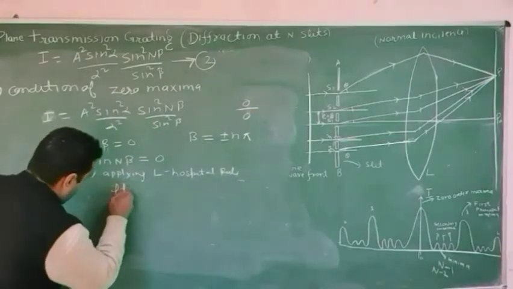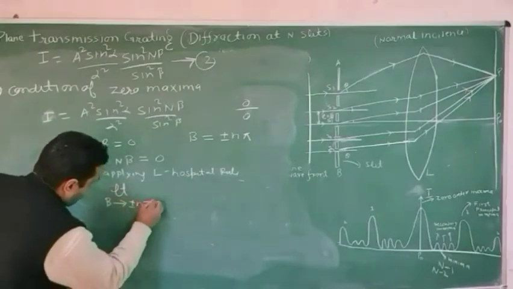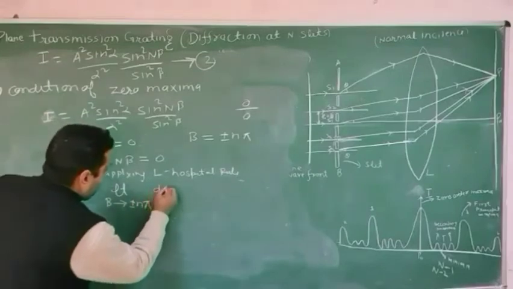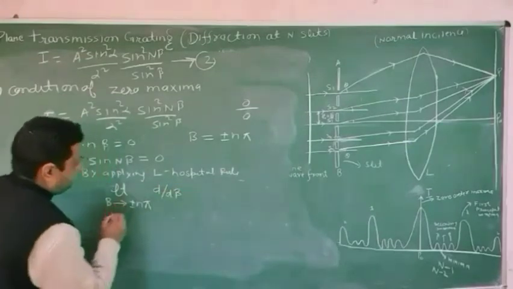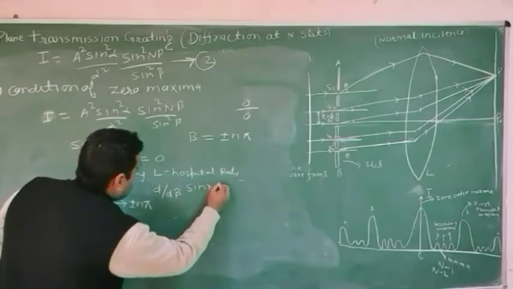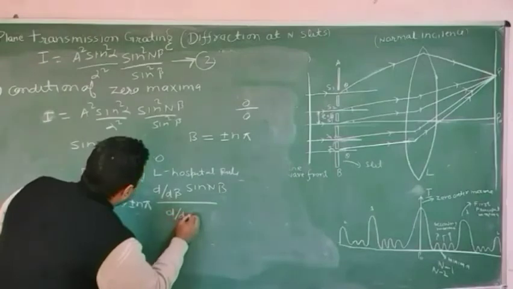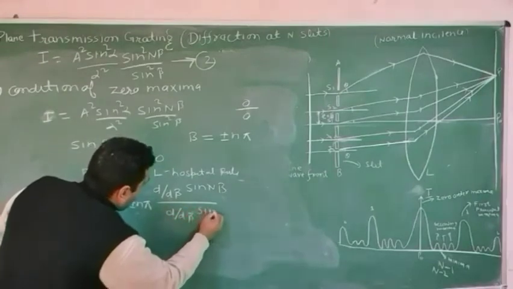So we take the limit as beta approaches plus minus n pi, of d by d beta sin N beta upon d by d beta sin beta.